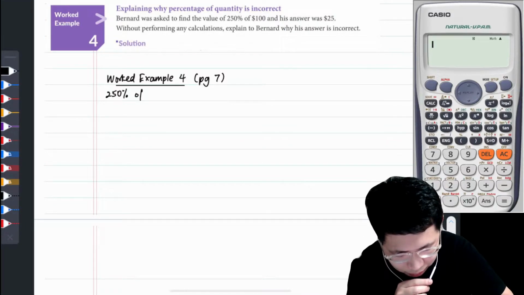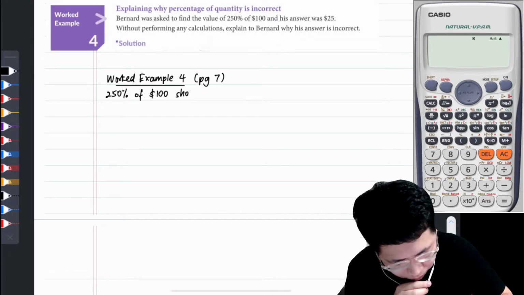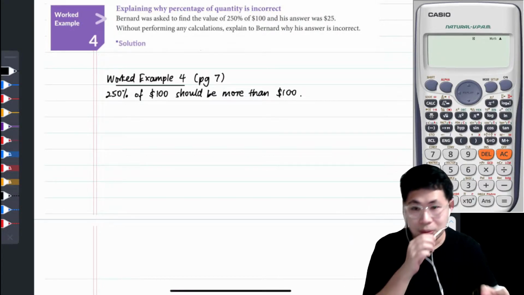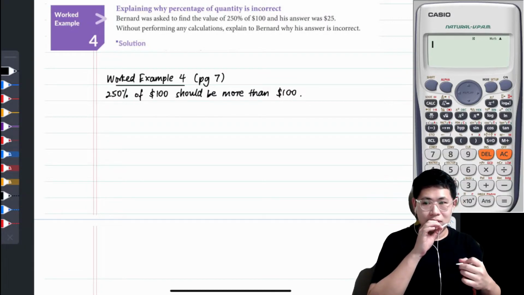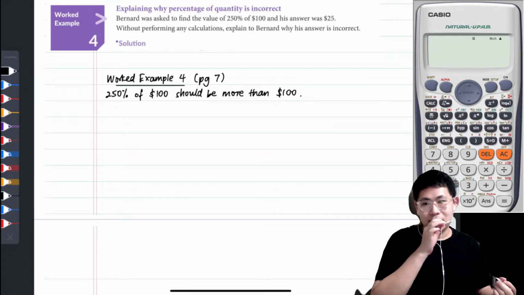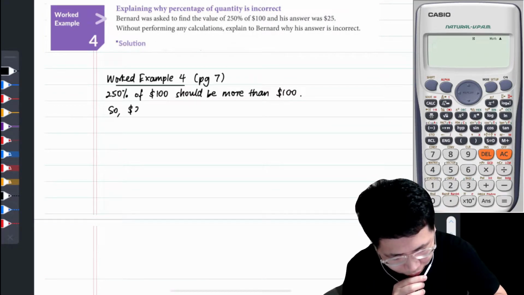So 250% of $100 should be more than $100, because 100% is itself the whole thing. So 200% means double of the thing. If you can see it that way, you can say that the $25 is incorrect.